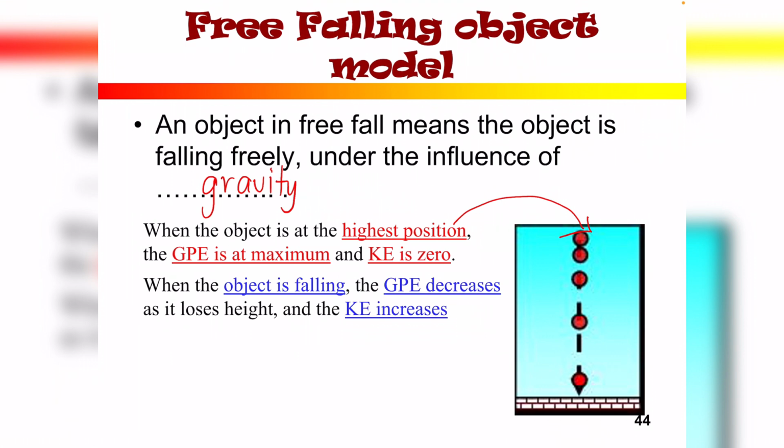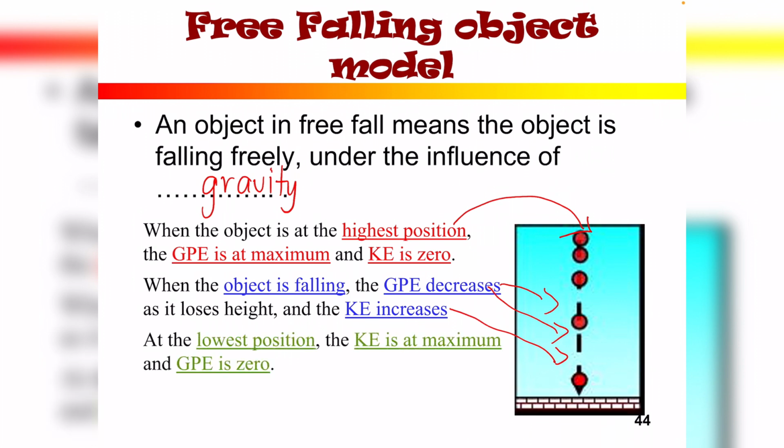And when the object starts falling down, the GPE is decreasing. It loses height and the kinetic energy increases. Did you understand? And at the lowest point, the kinetic energy is at maximum while the GPE is already 0.